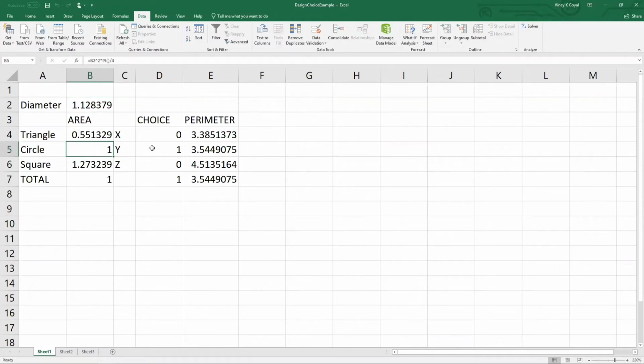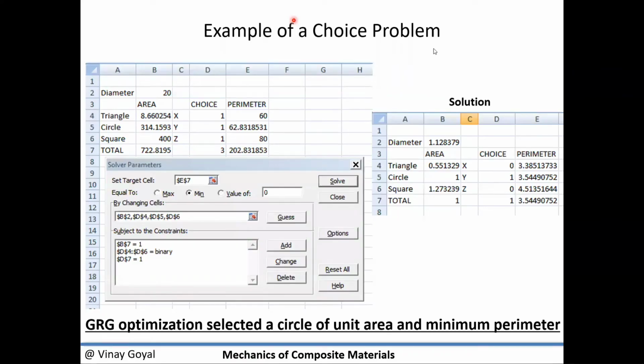You can see it selected the circle, and the circle is the one that satisfies that constraint plus gives me the minimum perimeter. So you can see how quickly we're able to solve the problem. The circle is the only one that gives me a unit area and the minimum perimeter.